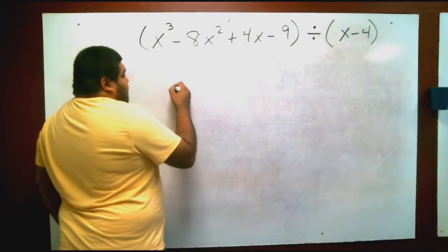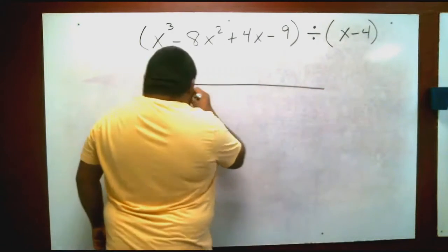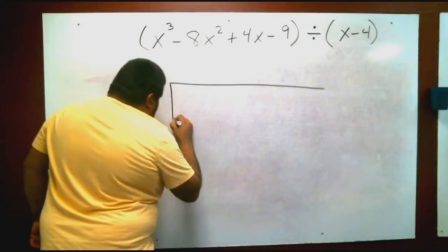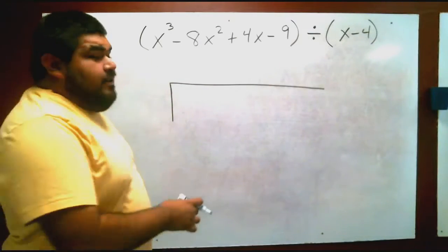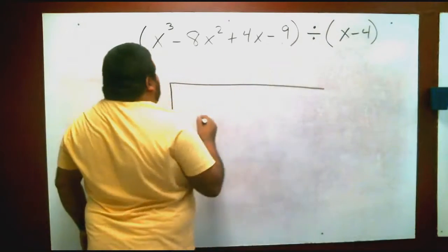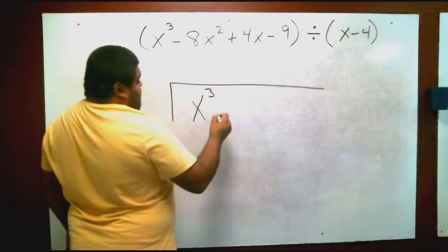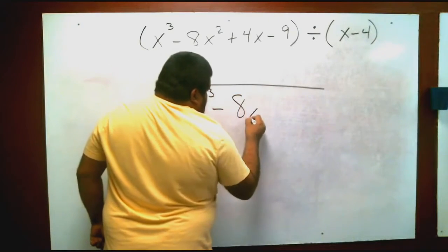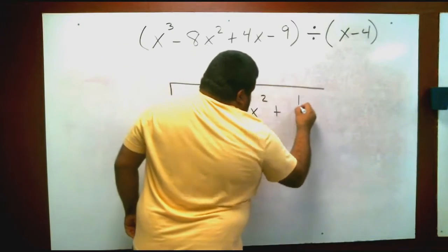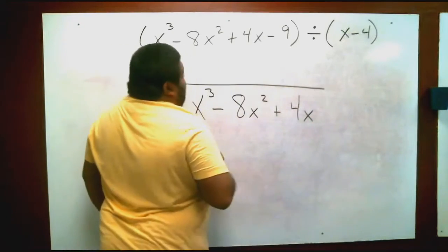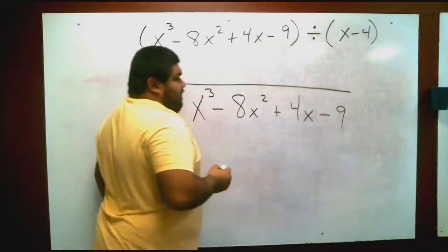So let's make our little house. Now that we have our little division house, again, we're going to put the numbers on the inside. So we have x cubed minus 8x squared plus 4x minus 9, okay?